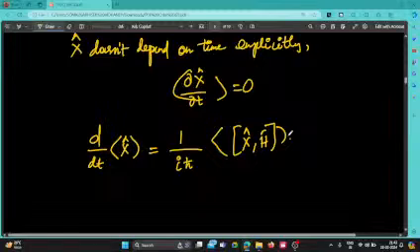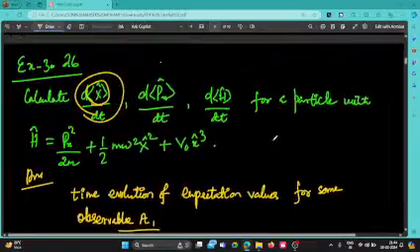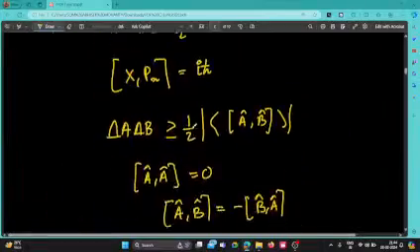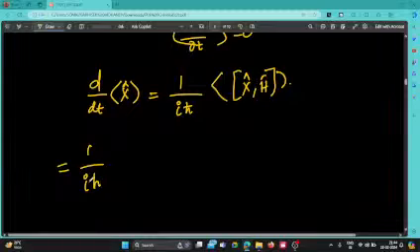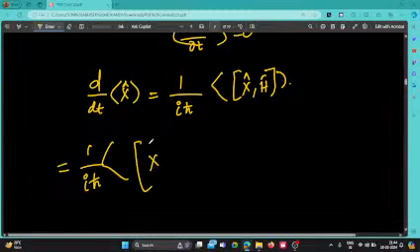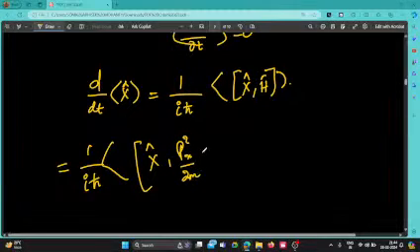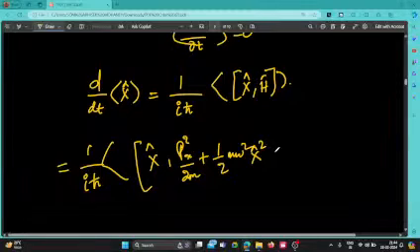Now, the Hamiltonian is given, so let's write that there. So 1 by iħ, expectation value of x comma px square by 2m plus 1 by 2 m omega square x square plus V naught x cube.